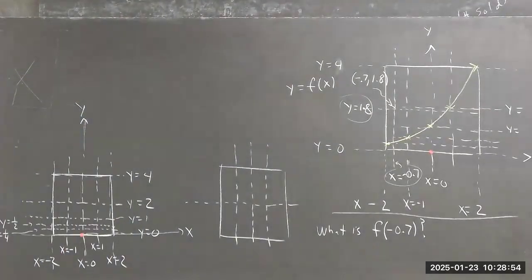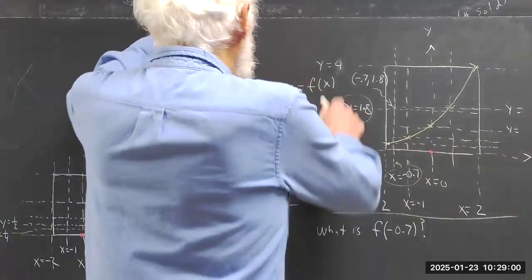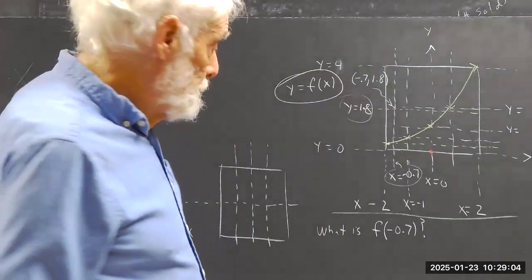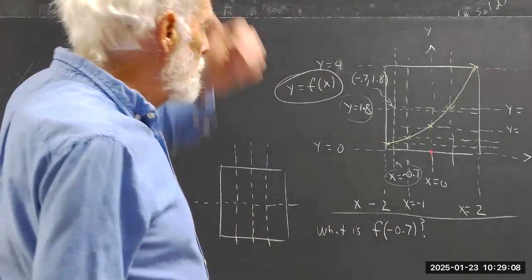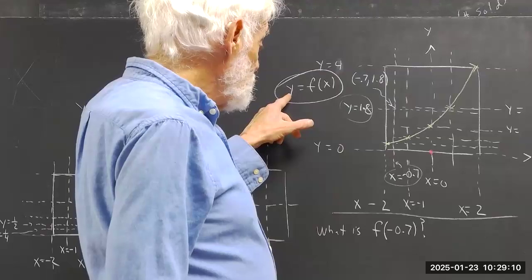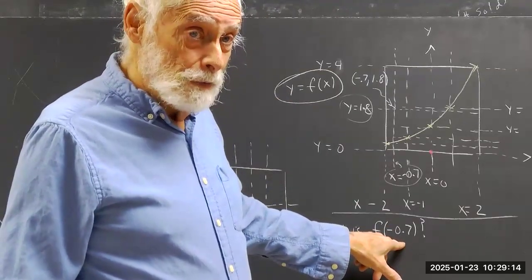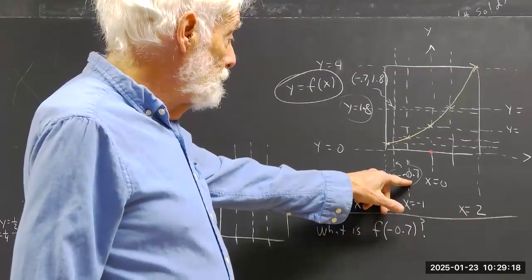Well, you might not know what that means. Okay. Well, this function is y equals f of x. And f of -0.7 is the y value that goes with x equals -0.7. Now, where is x equals -0.7?